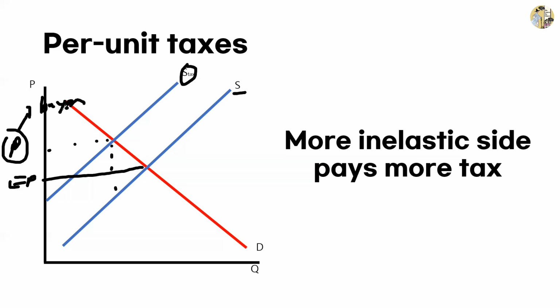But does that mean that producers get this amount whenever a product is sold in the market? No, it isn't. Since they have to pay the amount of the tax, the actual price that sellers get is going to be at this point. So this is the price the sellers get. Hard, isn't it?